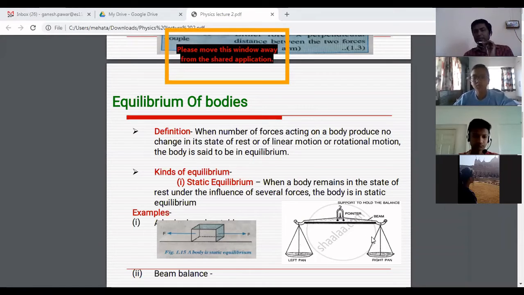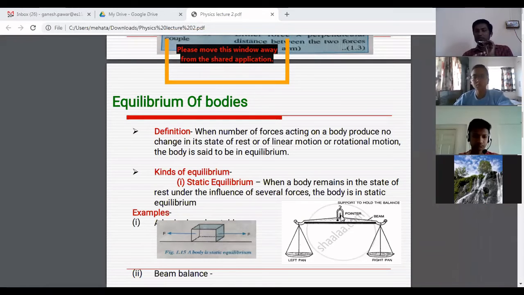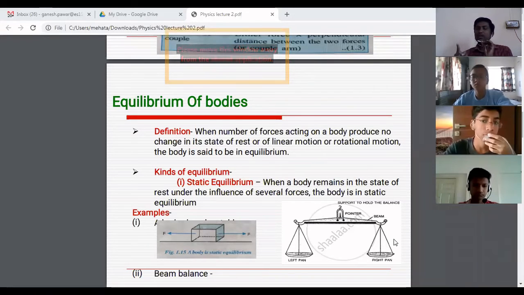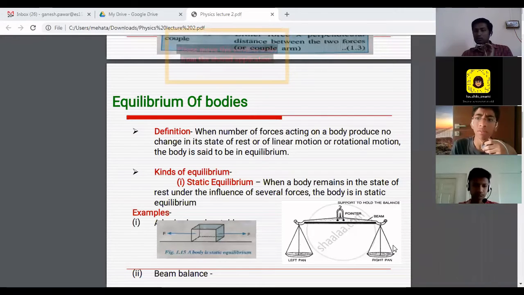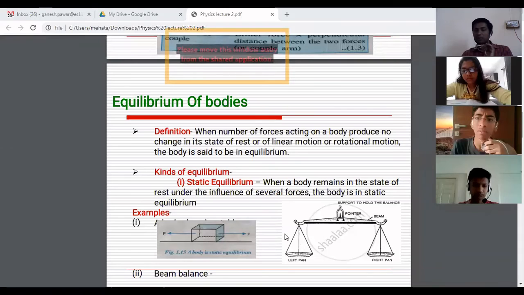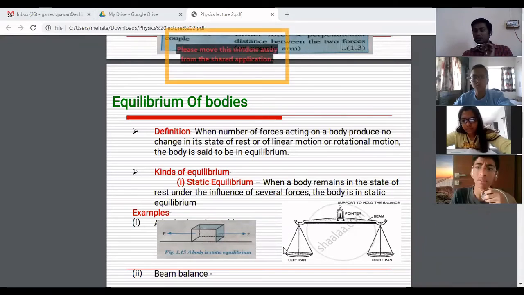If the weight in the right pan is more, the pointer will shift to the right. So in this case, I will say that the clockwise moment is more than the anti-clockwise moment. Here will be the clockwise moment, and here will be the anti-clockwise moment. Kaushiki, are you able to understand this?